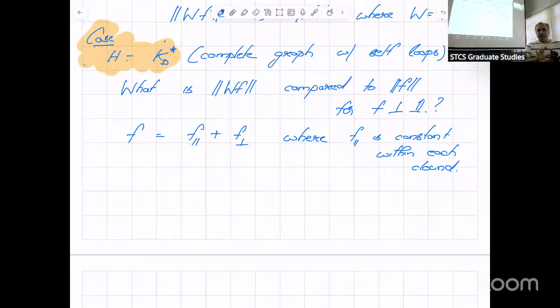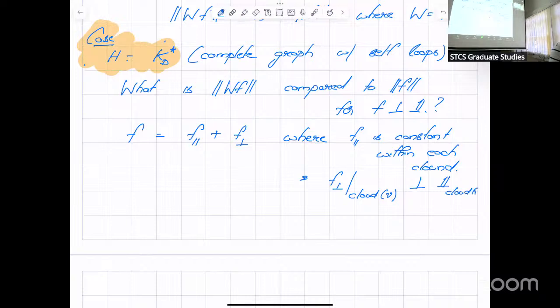F perp has the property that within the cloud of each vertex v, it is orthogonal to the all ones vector within that cloud, for all v in capital N. So within each cloud, it is split as the all ones component plus its orthogonal component.